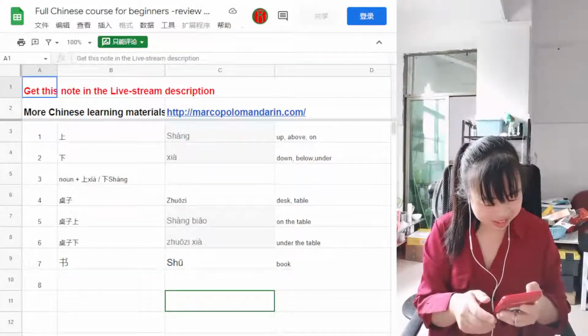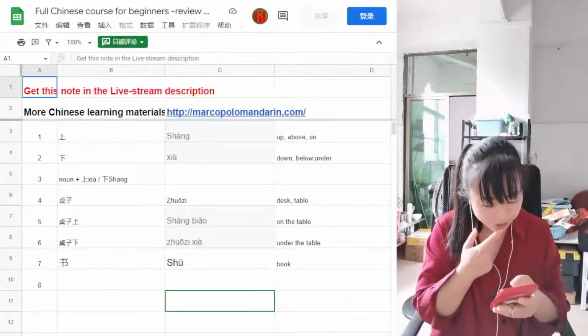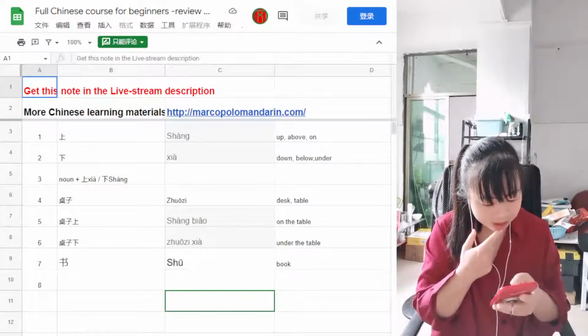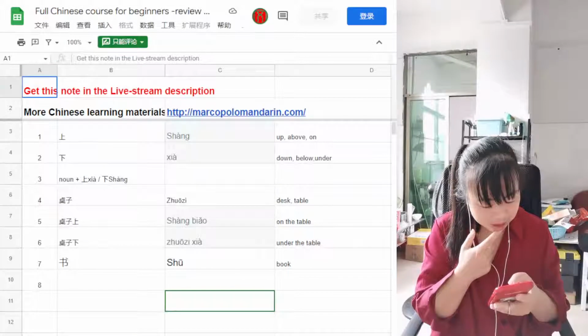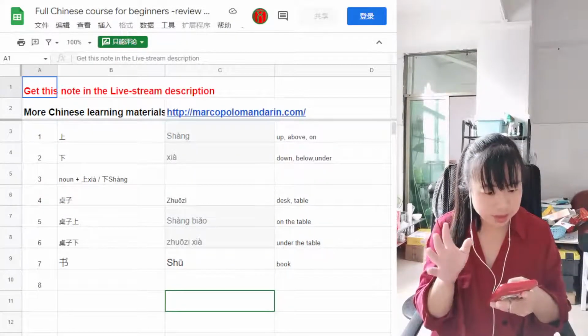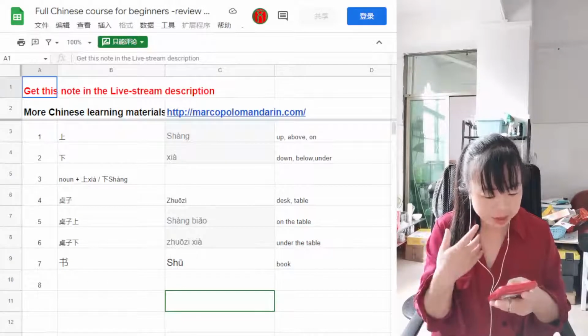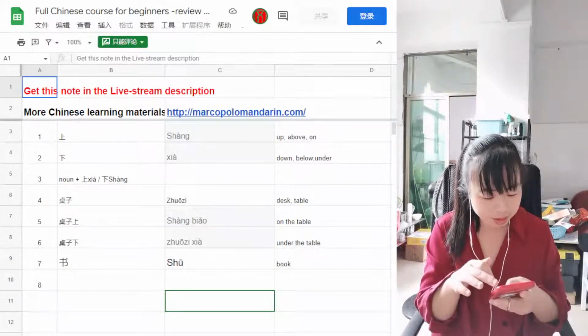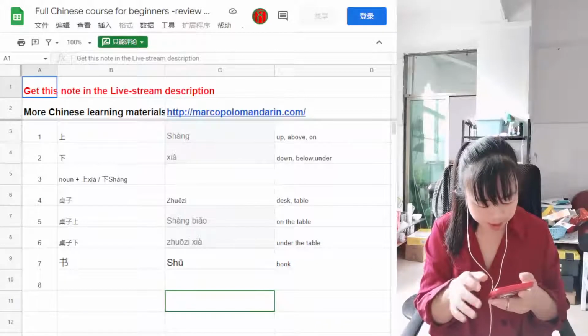Oh, it's the right way, right? Okay, it's right, because on my side it doesn't really look like the right way. Okay, as it's right, let's continue.